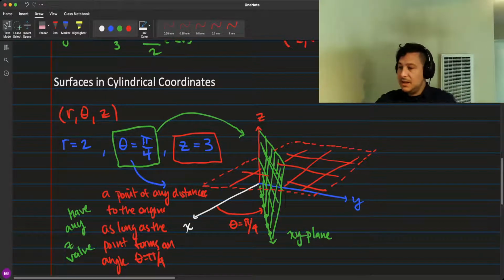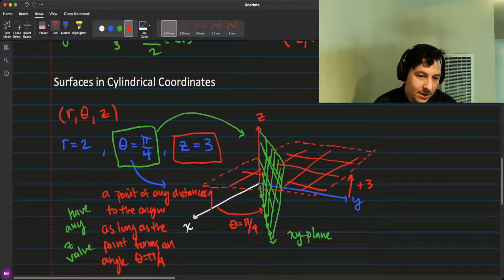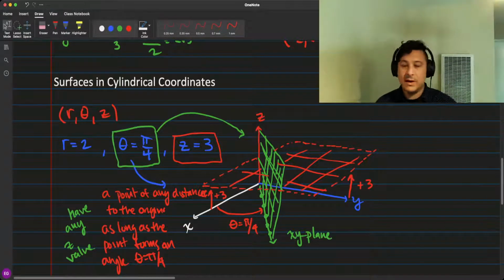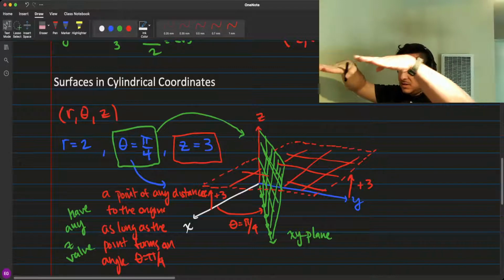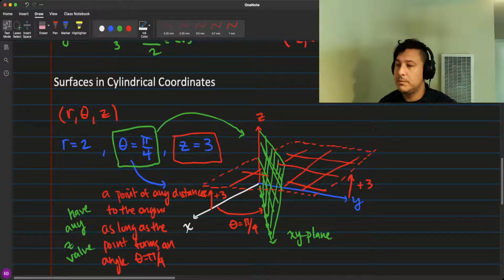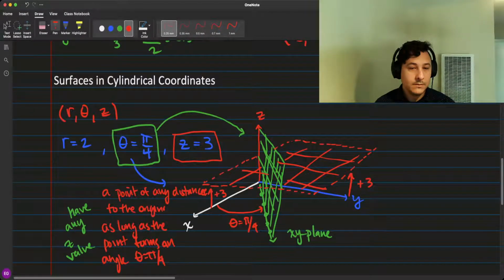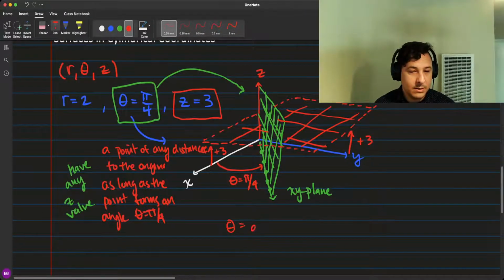So hopefully you can see it in red. You took the xy plane and shifted it up by 3. So if you graph z equals 3, you get this flat piece of paper, which is the xy plane moved up by 3. So if you have equations like theta equals a number or z equals a number, you get some sort of plane.